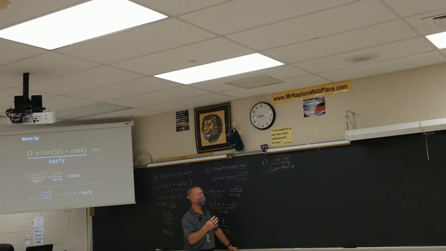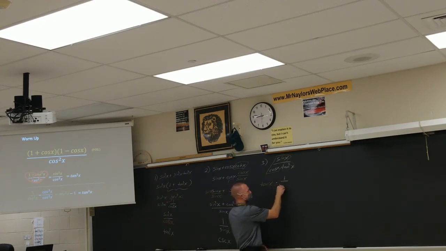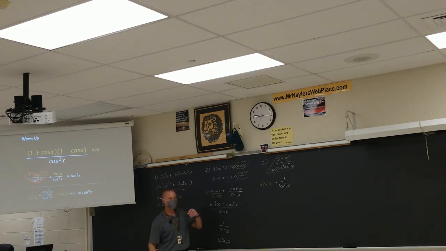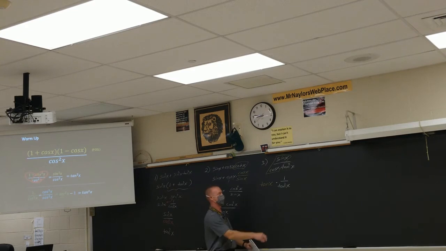As you get more comfortable, you say sine over cosine is the same as tangent. When you see that, you can change it to tangent, but you have to understand that my tangent squared is still in the bottom. And by the way, the yellow tangent is technically over 1.